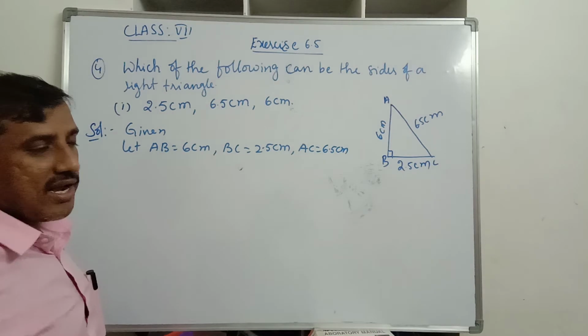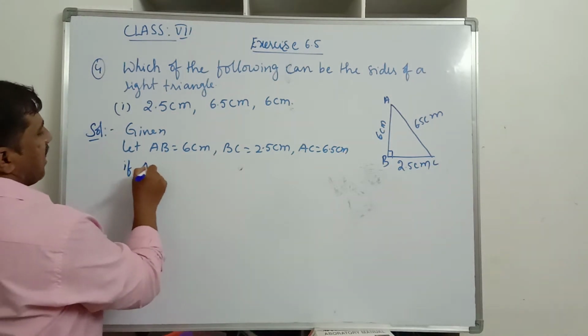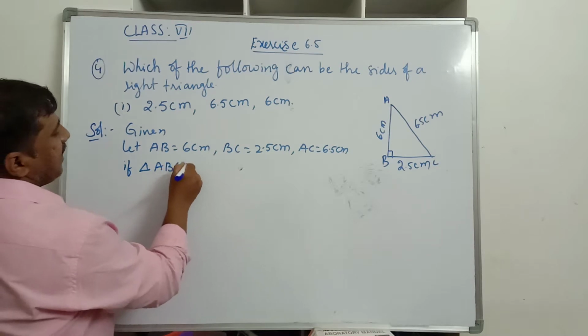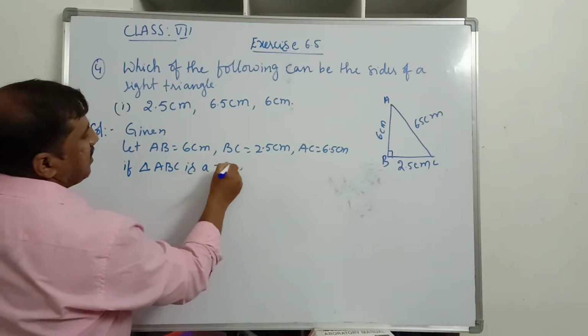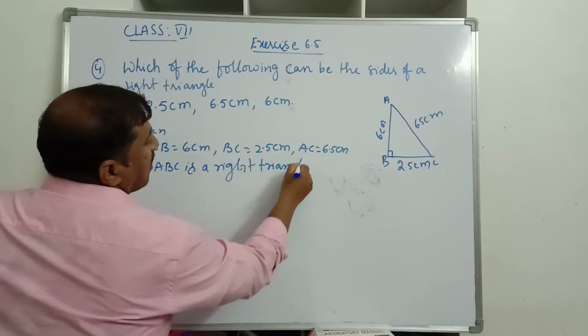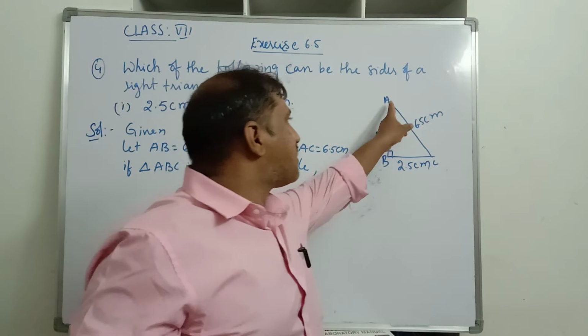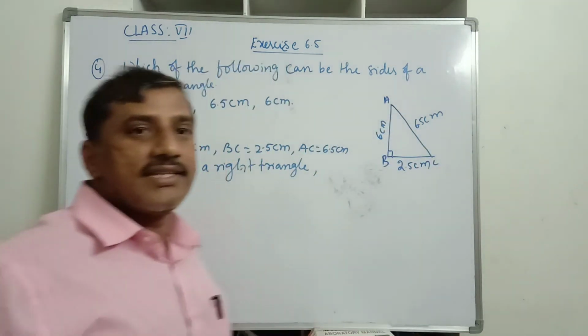If triangle ABC is a right triangle, then which will be the hypotenuse? Definitely the longest side, it is 6.5.